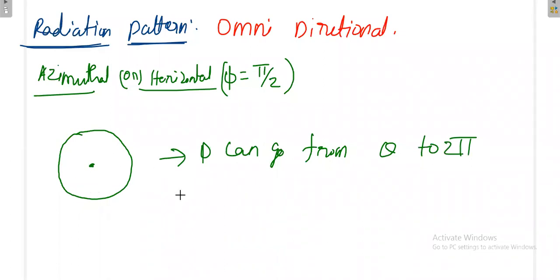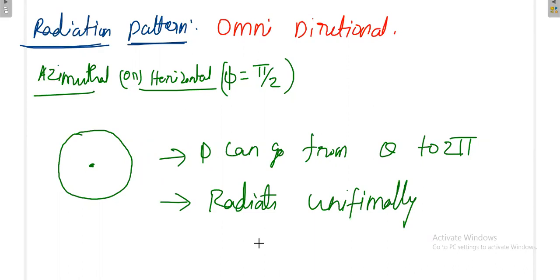But even if I change phi, my field is not changing. So it radiates uniformly in the horizontal plane.